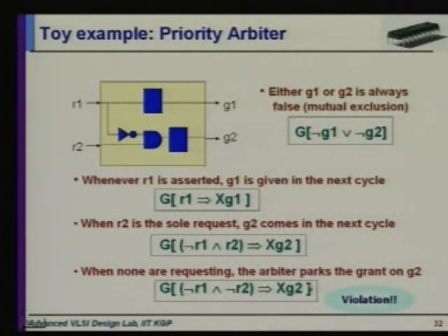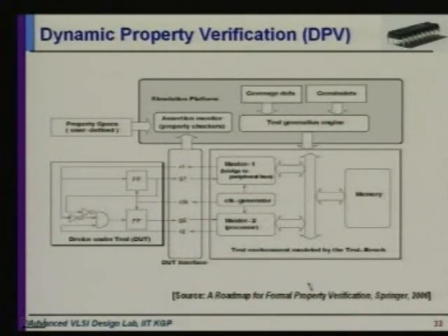So this is what is property verification. Property verification is studied in two different contexts. One is dynamic property verification, where you check whether the properties are holding during simulation. So you see this is the device under test, this is the test bench, and then this is the property checking part.